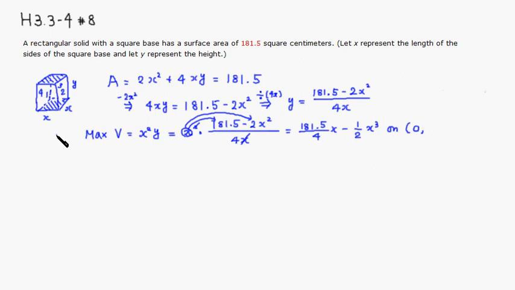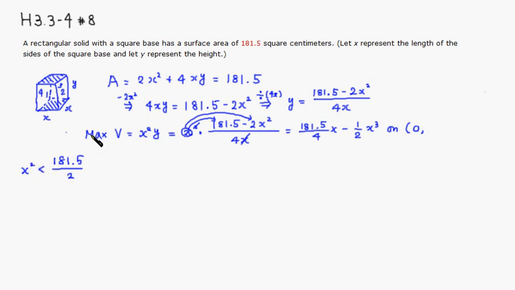So the entire surface area is 181.5, so half of that would be 181.5 over 2. Then that'll be just either the top or the bottom, so x squared has to be less than that number, right?